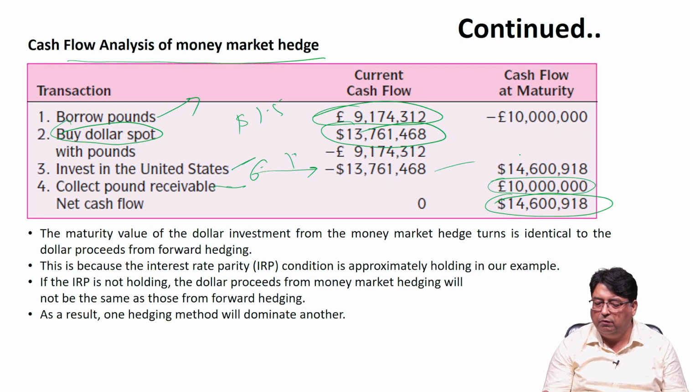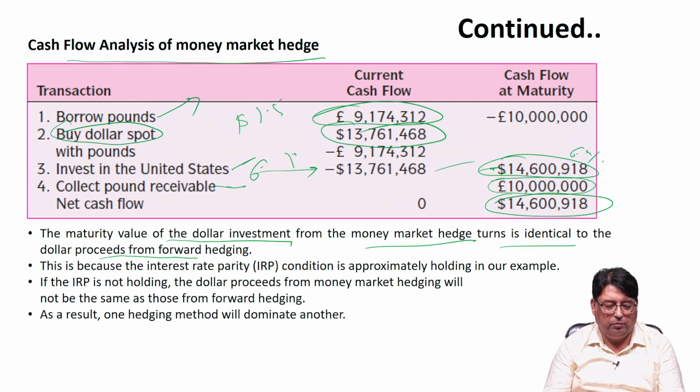This is the final investment amount after 1 year at the rate of 6.1%. As you see, the maturity value of the dollar investment from the money market hedge is identical to the dollar proceeds from forward hedging.